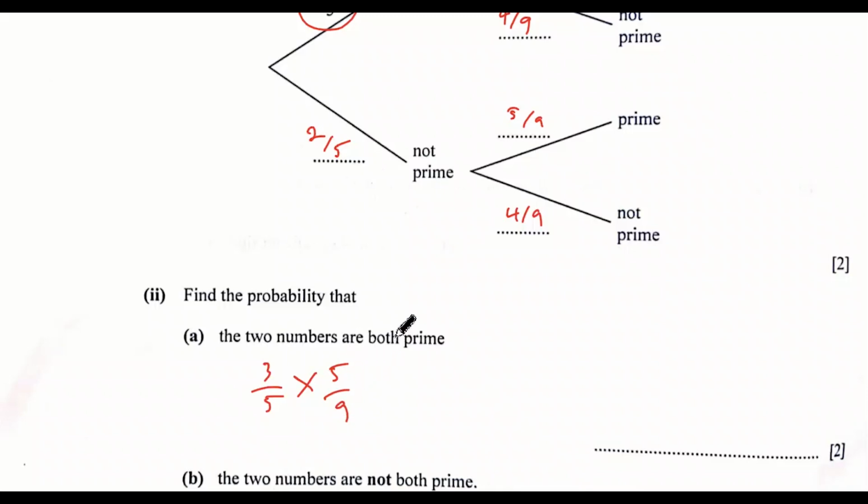So this will be 15 out of 45. Or you can simplify this if you don't want to multiply straight away. 5 will cancel 5, 3 goes into 9 3 times, so you have 1 out of 3. Better still, you can say 15 goes into 15 once and into 45 three times. So you have the probability to be 1 out of 3.